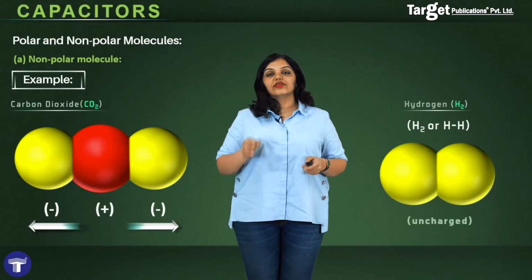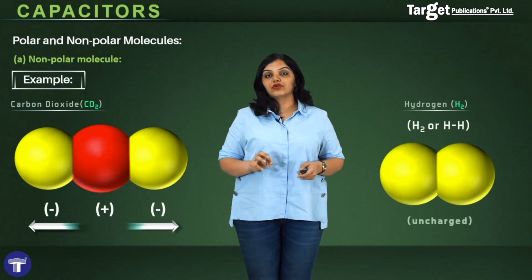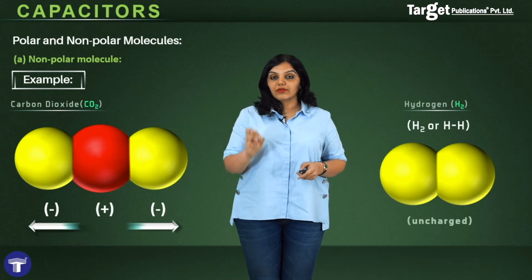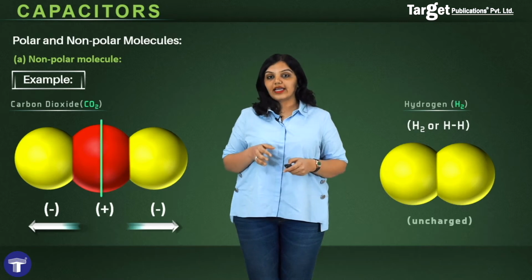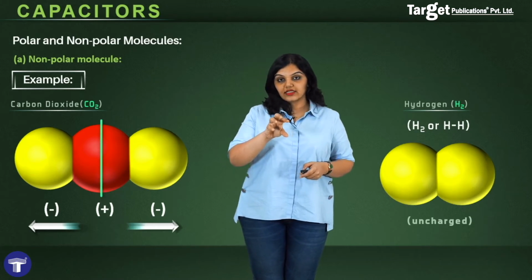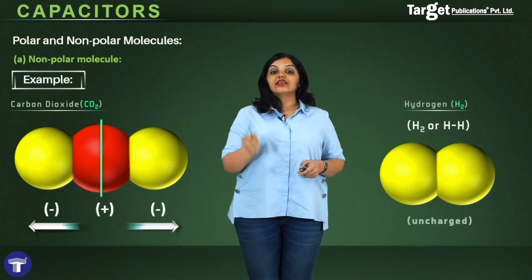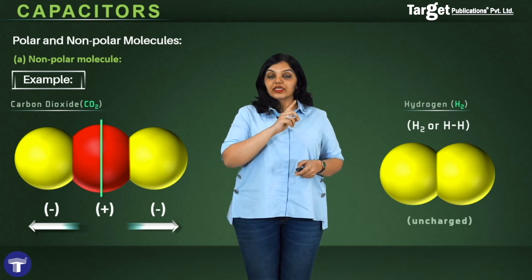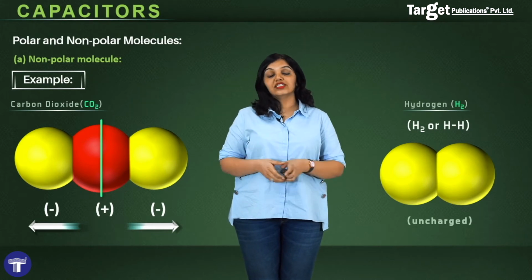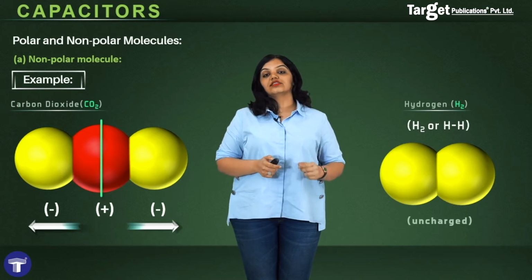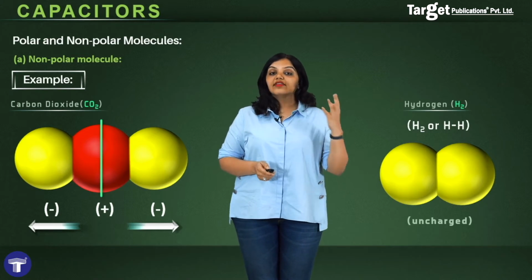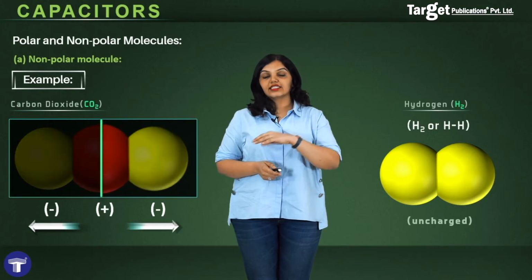And you can see that usually a non-polar molecule has some kind of symmetry. For example, here the carbon dioxide molecule is symmetric about the y-axis. The positive charge center, that is the red ball center, and the negative charge center, that of the yellow balls, are lying on the same axis, and they're symmetric about the y-axis, as you can see.